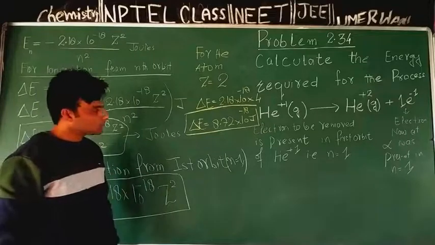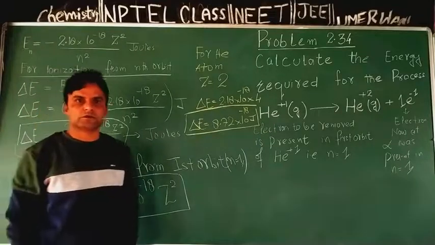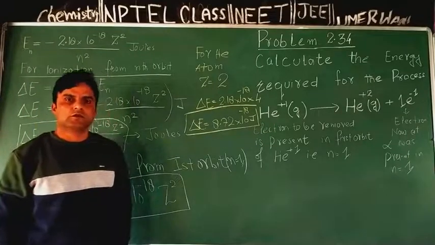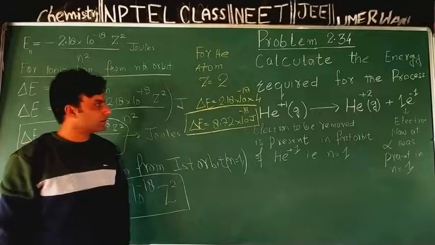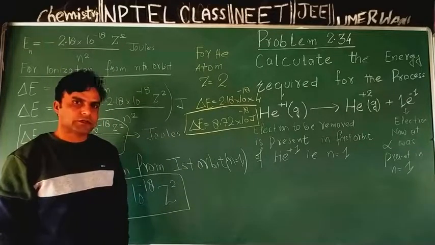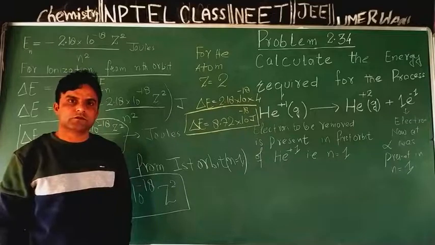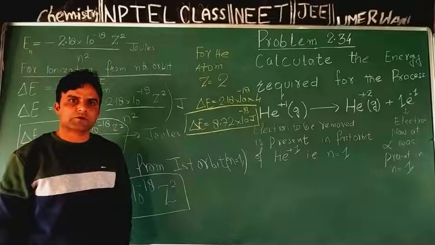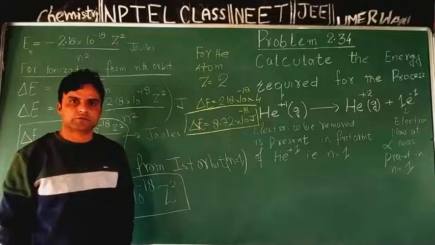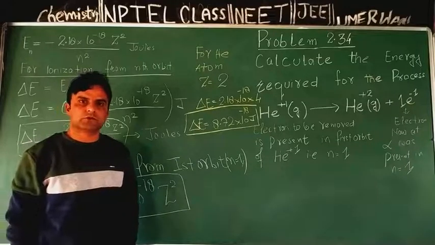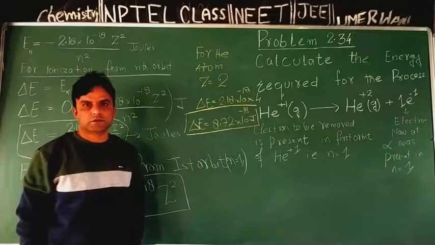But you should also be able to calculate ionization energy, that is, the energy required to effect an ionization. That is the energy required to remove an electron from any orbit of hydrogen atom or any one electron species like unipositive helium ion or dipositive lithium ion.